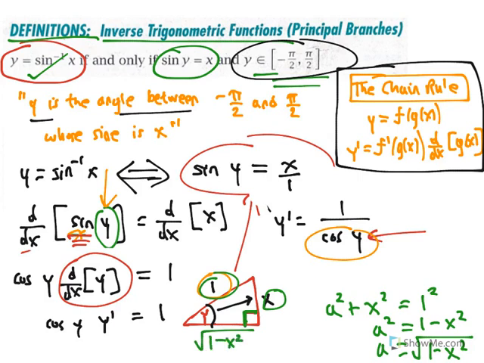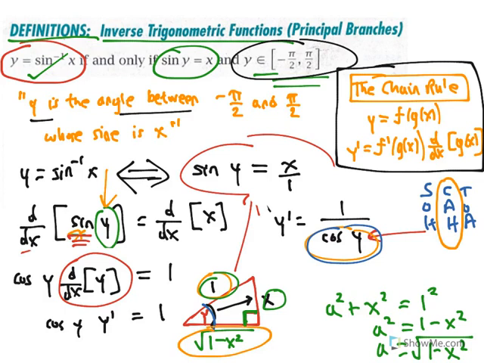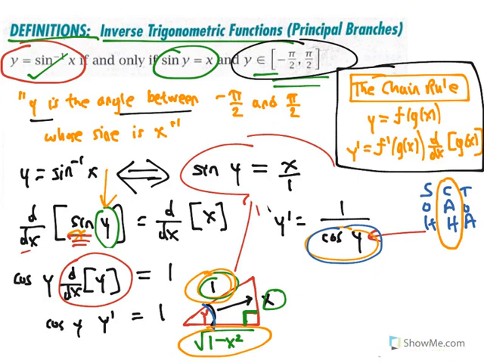And now that we know this, we can use right triangle trigonometry. Once again, you have the mnemonic device SOHCAHTOA. So we have cosine of y. Here's the angle y. And cosine of angle y would be the ratio of the length of the adjacent side to the length of the hypotenuse. So what I can do is I can replace cosine of y with adjacent over hypotenuse.